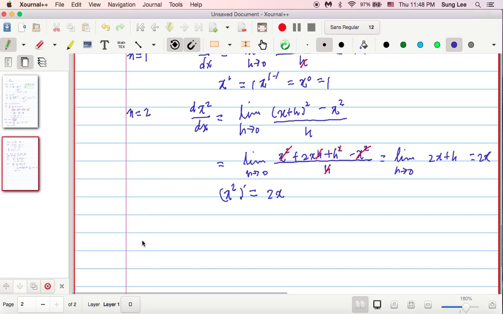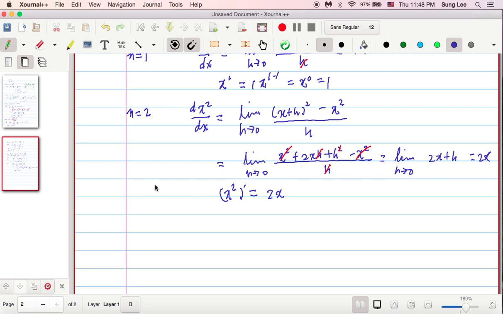So I'm assuming that this is how people discovered it, whoever did the power rule. Initially they didn't try to prove something, because you don't even know what to prove, right? But they did this for n equals 1, n equals 2, n equals 3, and so on and so forth. And then they tried to see if there is any pattern, and they saw the pattern.